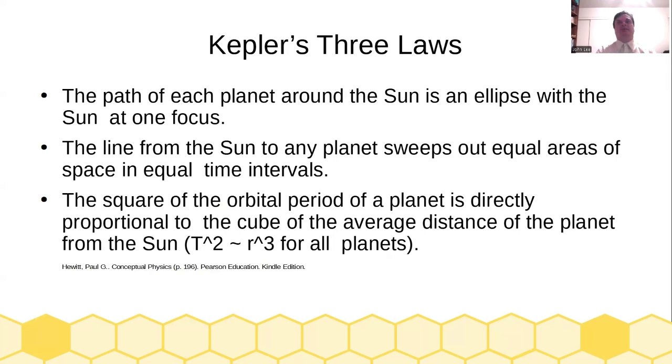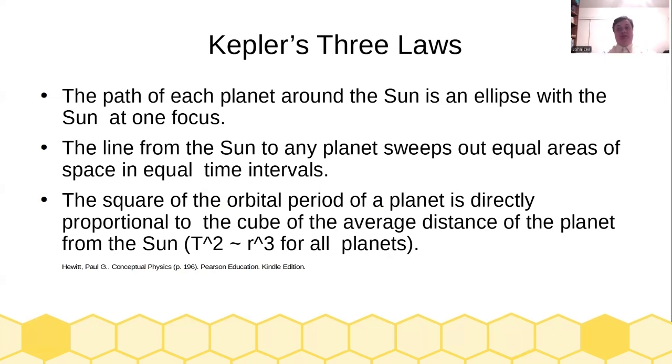An ellipse is basically just a squashed circle, which is defined by the presence of two foci, which are two points on the inside of the ellipse, where if you go to any point on the edge of the ellipse and draw a line to one focus and draw a line to the other focus, the total length of those two lines is going to be constant for any point along the ellipse.